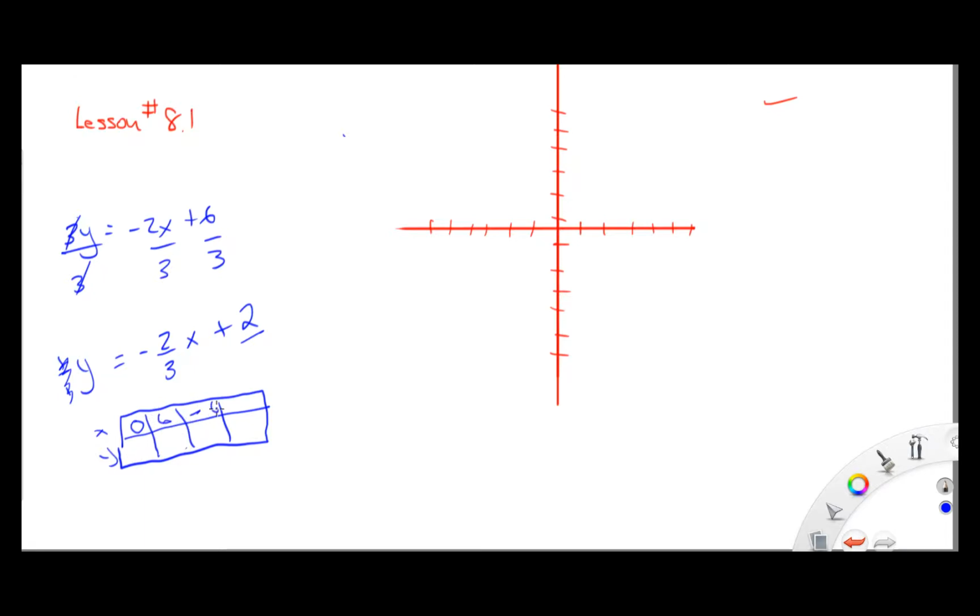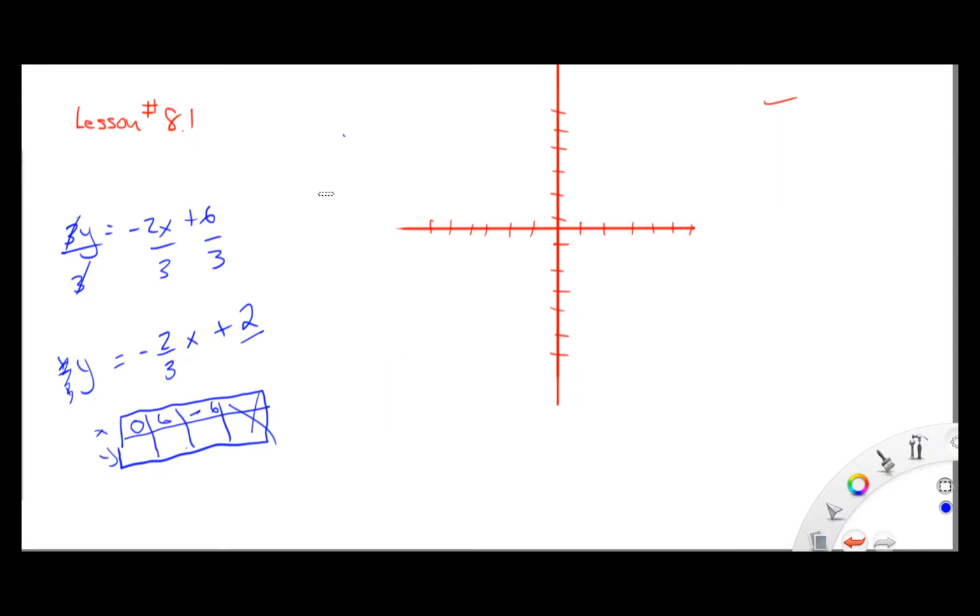And when x is negative 6, then it's something. We could add more, but for right now, we'll just start with those three numbers. Why did I choose 6 and negative 6? Because your textbook did. You can choose 1 and negative 1 if you wanted to, or 2 and negative 2, or 3 and 5 if you wanted to. It doesn't matter what you do, but let's just do this for right now, okay?